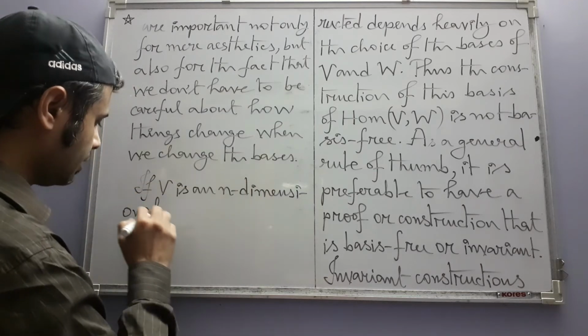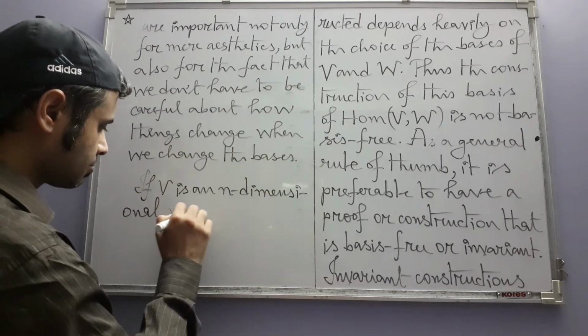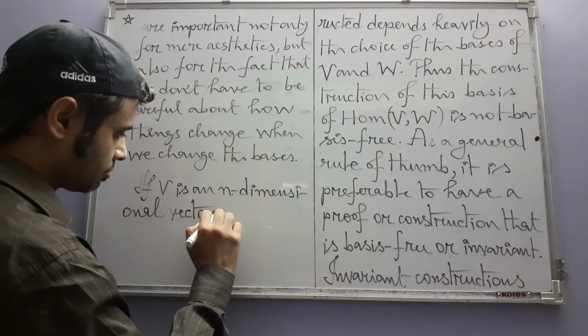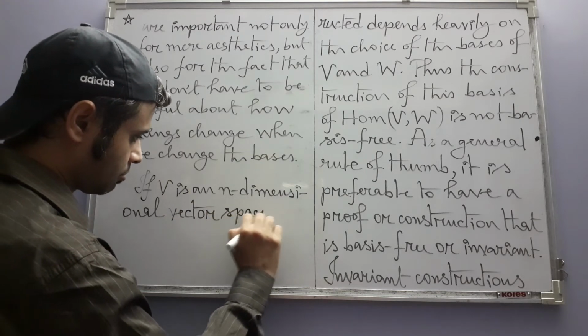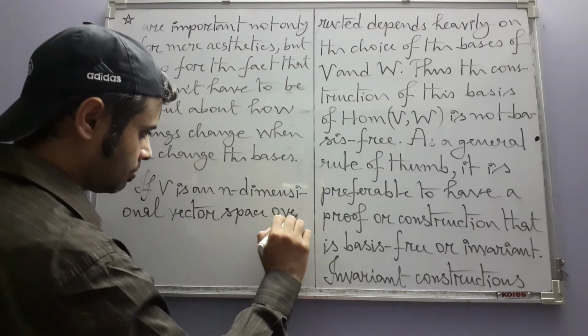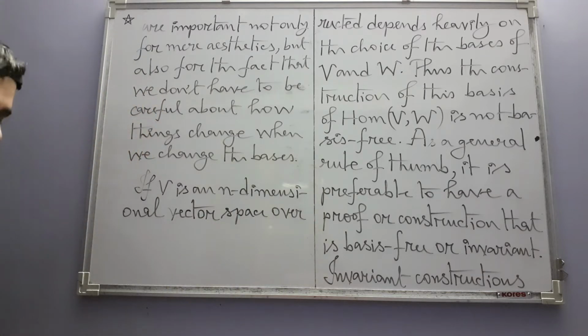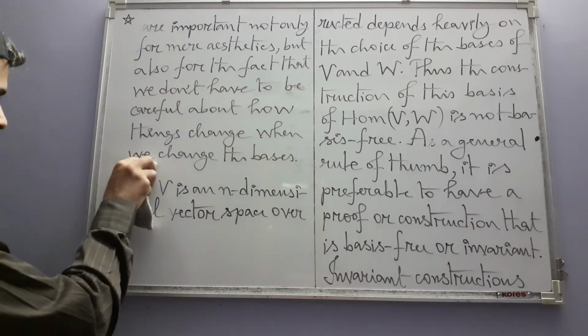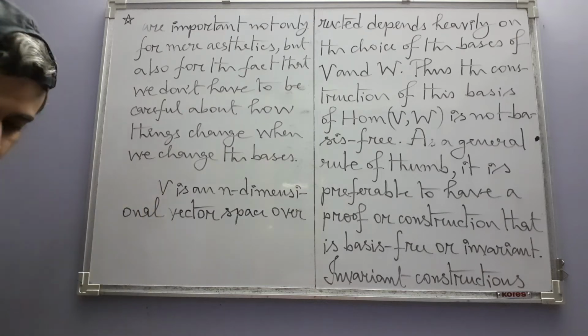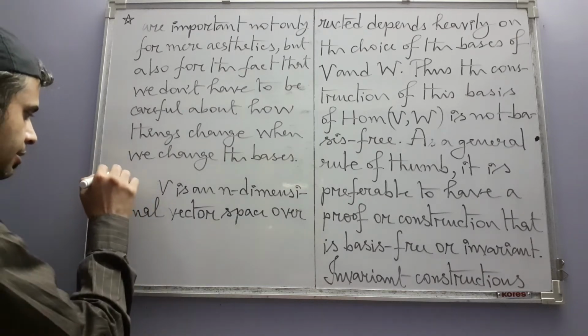If V is an n-dimensional vector space over, why am I starting with if? I won't be immediately saying anything now.